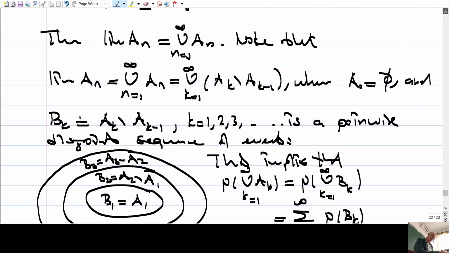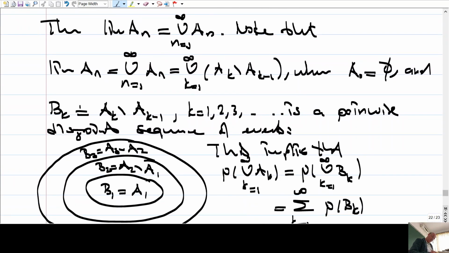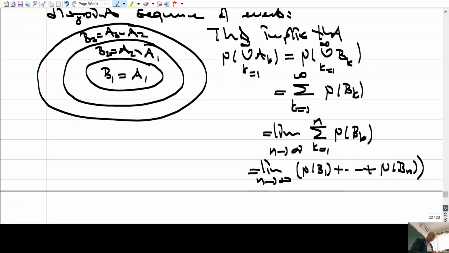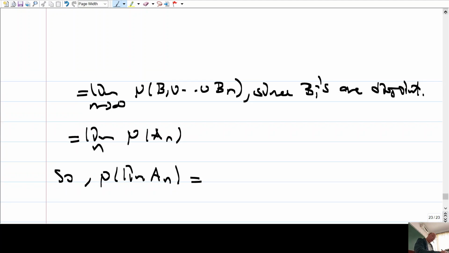So we show the following. Okay, we showed that the measure of the union, so the limit, the measure of the limit of ANs, right?